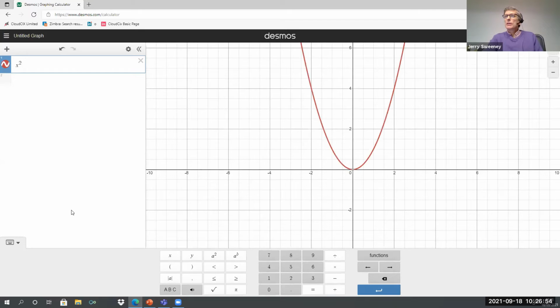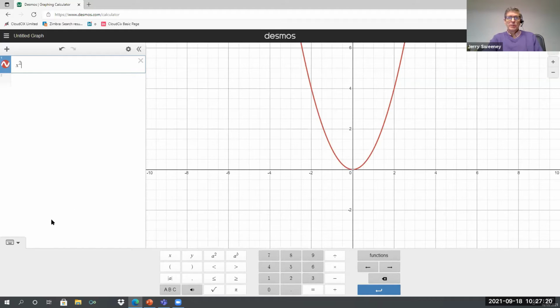And what we see here with x squared is a parabola, and the parabola meets the x-axis in one place. So its 2 roots are coincident.